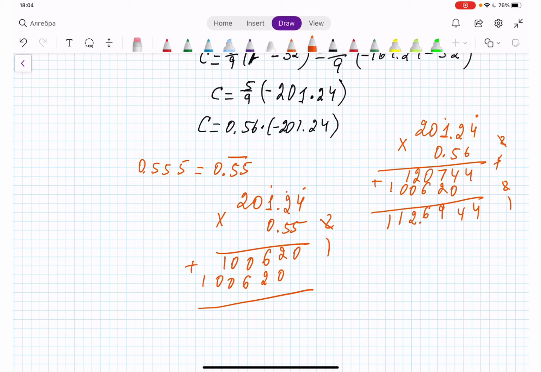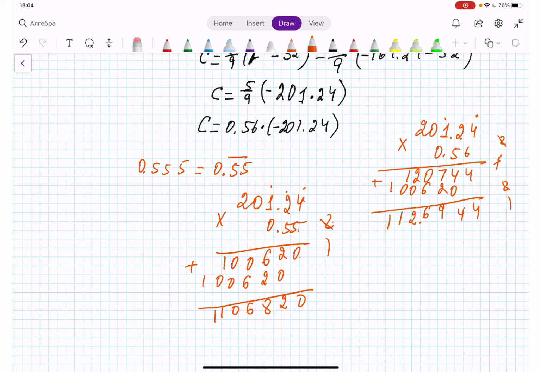Okay, 0, 2, 8, 6, 0, 1, 1. No, still I didn't get it. Let me double check the multiplication. 5 times 4 is 20, 2 in mind, 10, 12, 1 in mind, 5 and 6, 0 and 10. No, I didn't get it.